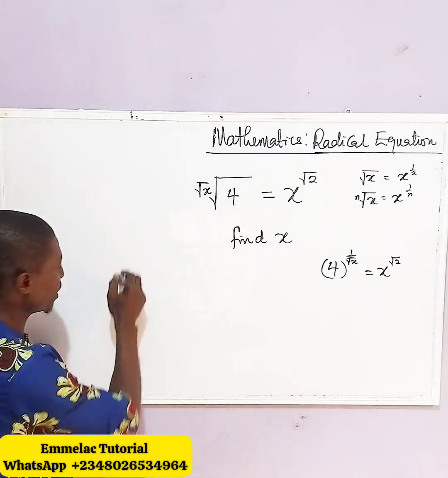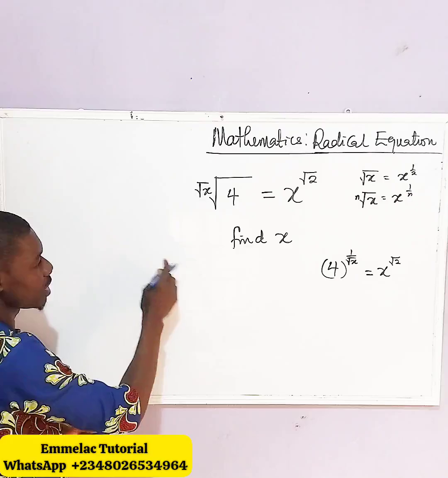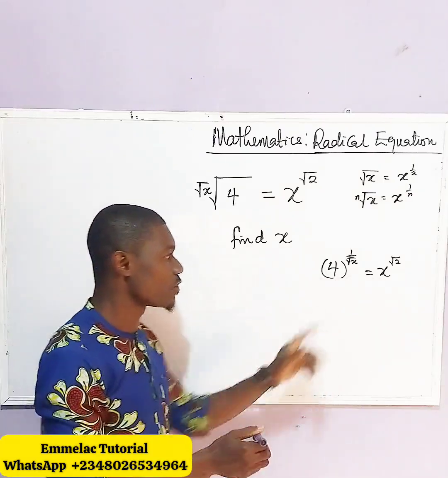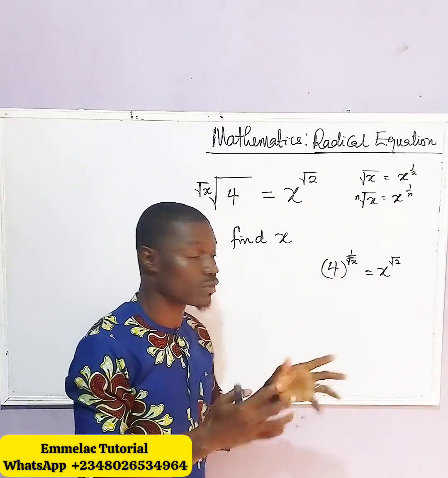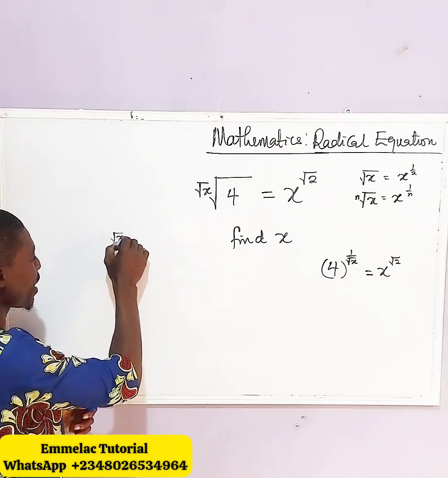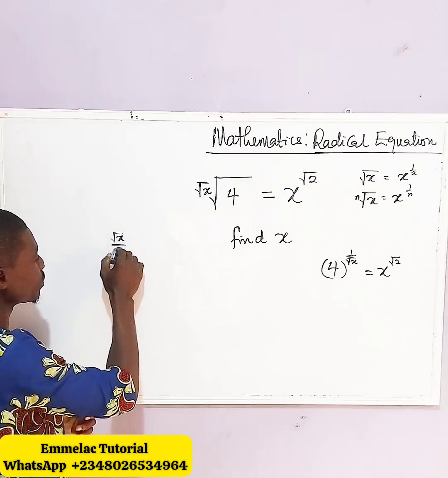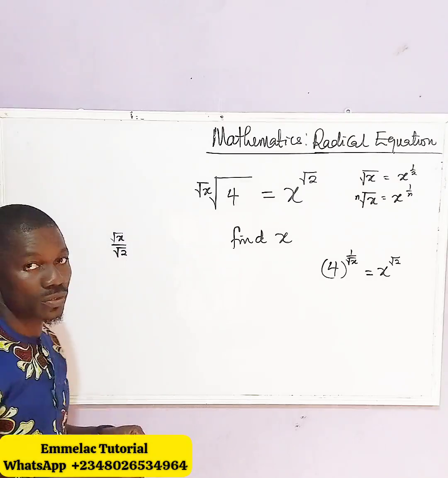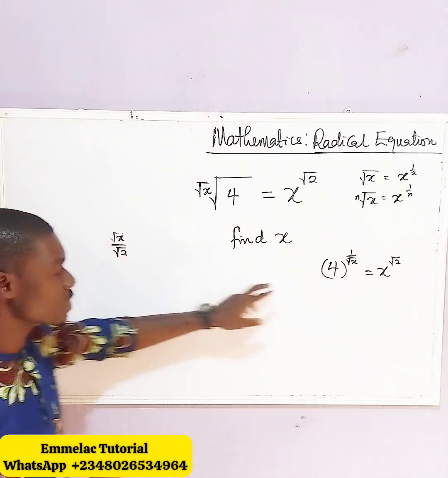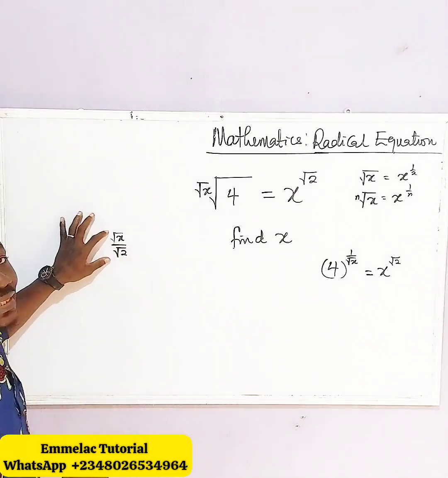So let me raise both sides of the equation by the reciprocal of the 2, that is the product of the reciprocals, which means the square root of x all over the square root of 2. I'll be raising both sides by this term.